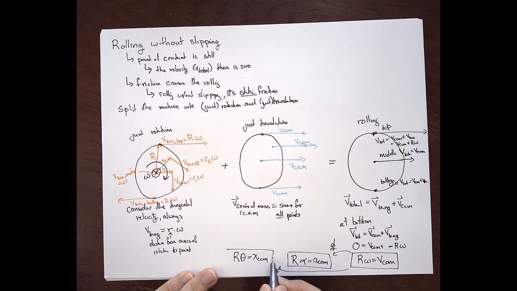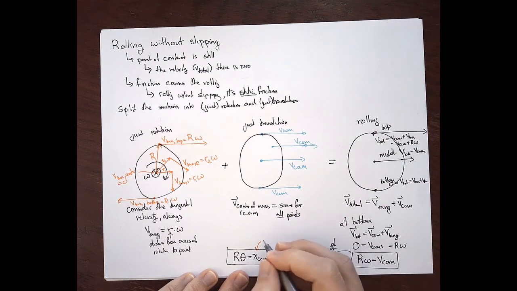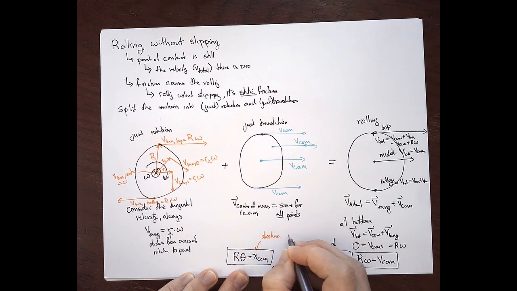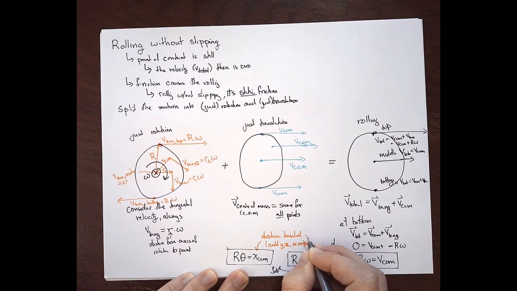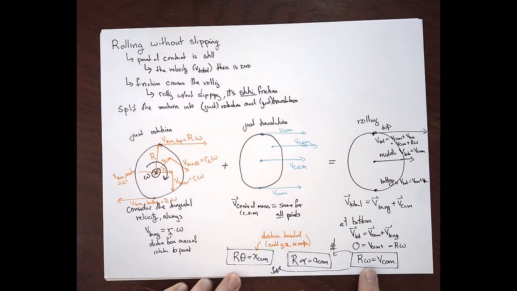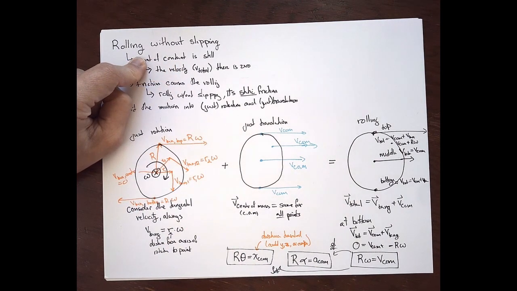I'm not going to use the normal variable for position, but remember, this doesn't have to be x, it's just the distance traveled. So it could be y or z or a combination, depending on how you set things up. But these things are true if you've got rolling without slipping, and only if you've got rolling without slipping.